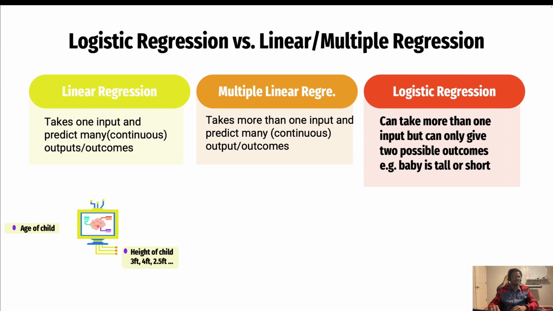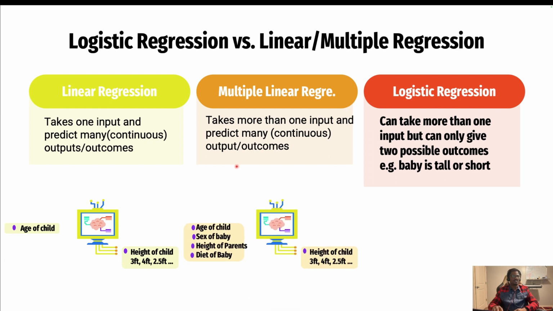Let's assume that this is a linear regression. It takes the age of the child and gives us the height of the child. That's one output, but the one output can have different values. The baby can be 3 feet, 4 feet, 2.5, 0.5, it goes to infinity, no matter what the age of the baby is.